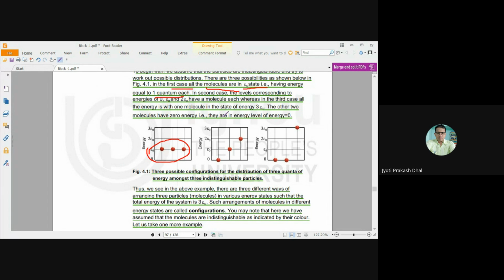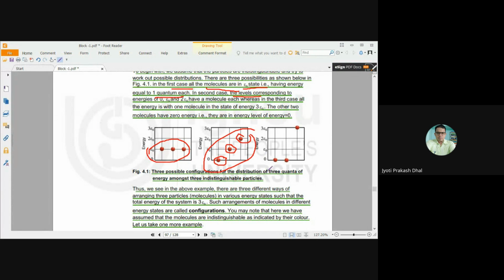In the second case, the levels correspond to the energies of the three different molecules. For the first molecule, it will be 0. For the second molecule, it will be epsilon 0. For the third molecule, it will be 2 epsilon 0. And the total energy of the system becomes 3 epsilon 0, that is 3 quanta.